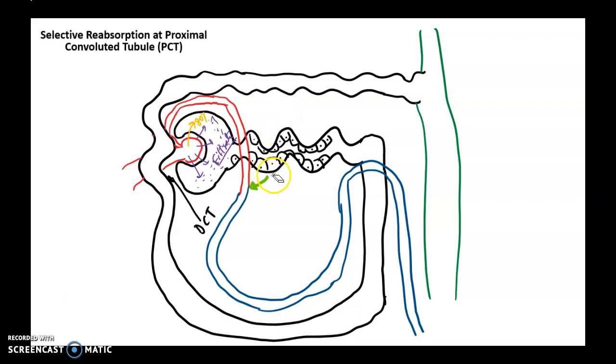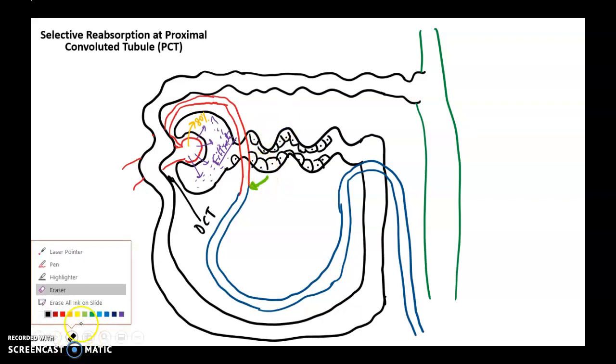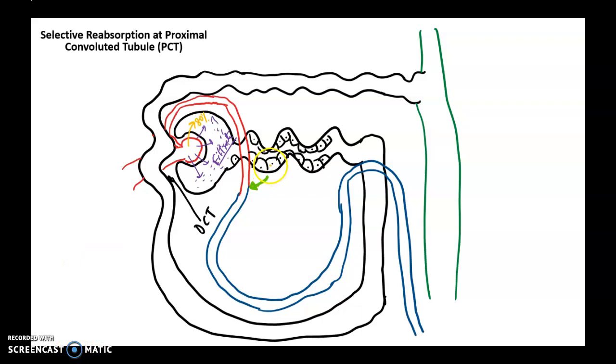Do you follow the green arrow? So 70% will be reabsorbed from this proximal convoluted tubule into the blood vessel.